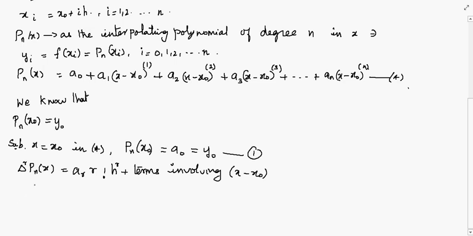Now we will set x equal to x naught. Then we will get del power r Pn of x naught is equal to ar into r factorial into h power r, and the other terms will get cancelled because we are substituting x equal to x naught.